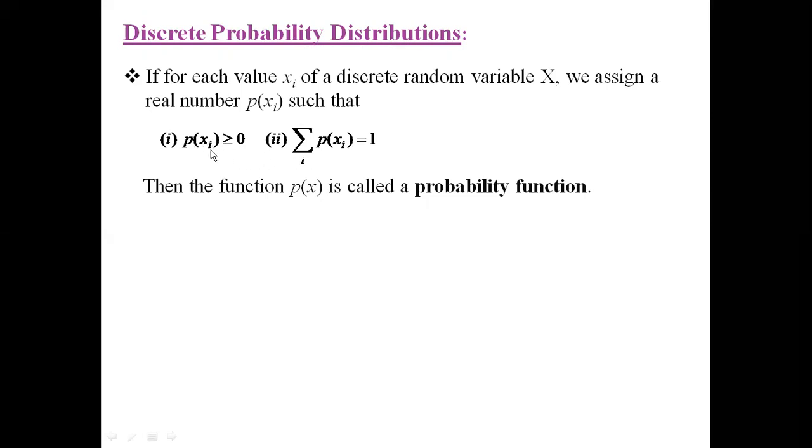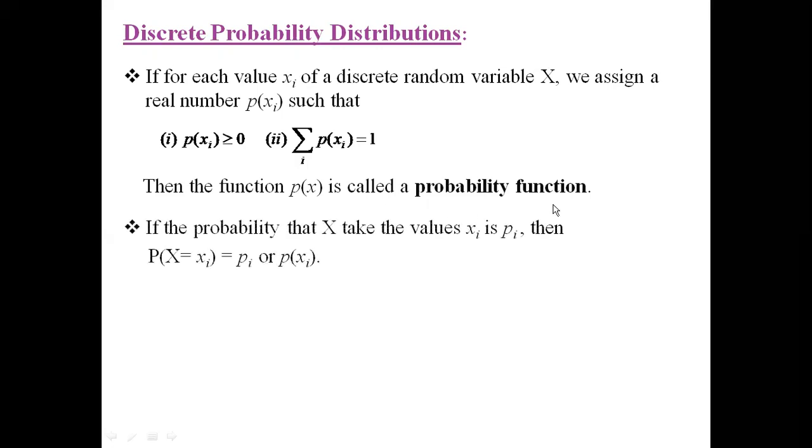One is that the probability of every value of x should be positive, greater than or equal to 0, and the probabilities of every value when we sum up should be equal to 1. That means the probabilities of all the values of x, probability of x1, x2, x3, like that, when we sum up, should be equal to 1. It means probability can at most be equal to 1. Then such a function p of x is called a probability function.